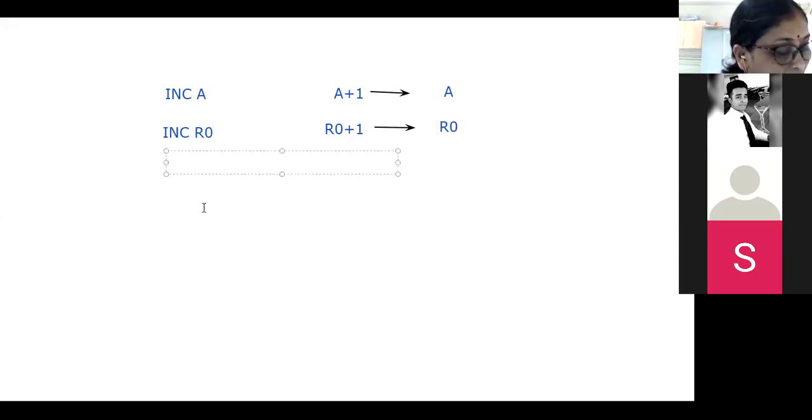The next instruction is you can also use the address of the operand.